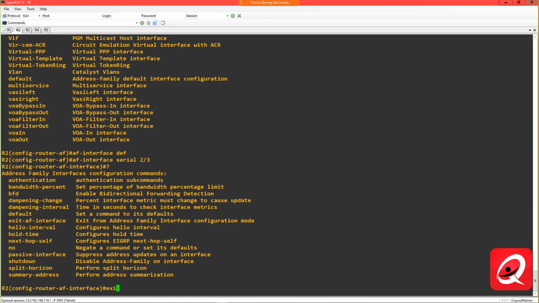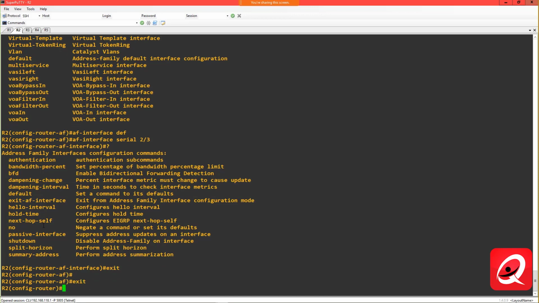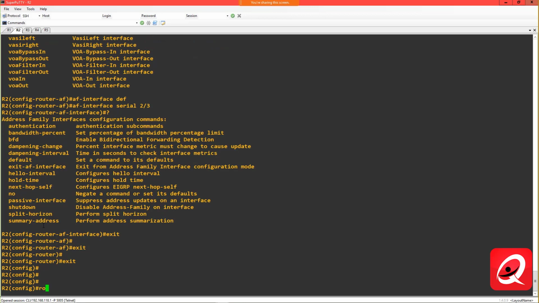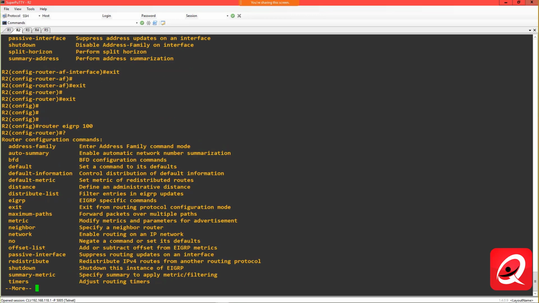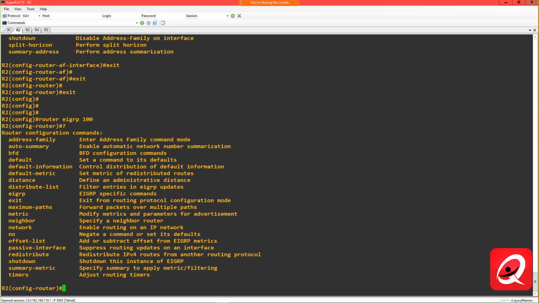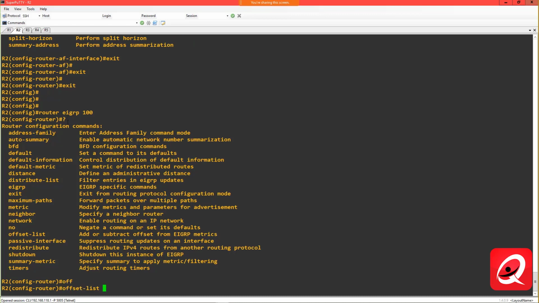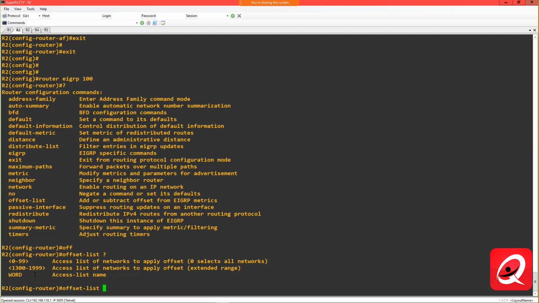See, if I was doing this, let me walk through this process here. If I was doing this in, say, router EIGRP 100, I would just say, in this case, offset list. So I wonder if it's in the topology base. Offset list, and then I would specify the access list name, and then I'd specify the interface. I'll bet you it's going to be in topology base.